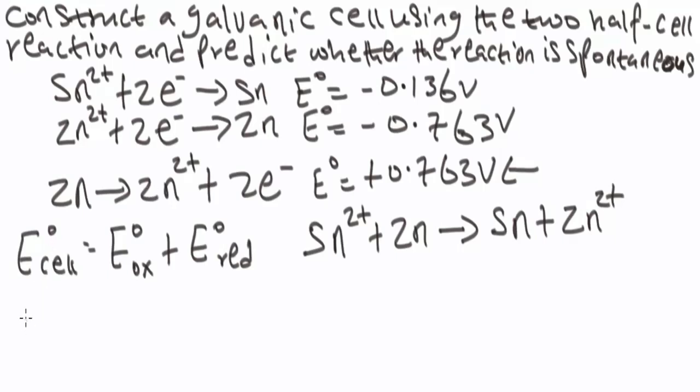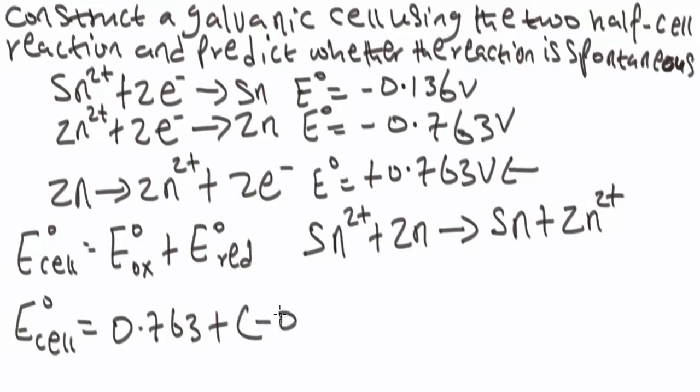Okay, so let's go ahead and find the cell potential. Standard cell potential will be the oxidation half potential, plus 0.763, plus the reduction half potential, which is minus 0.136.